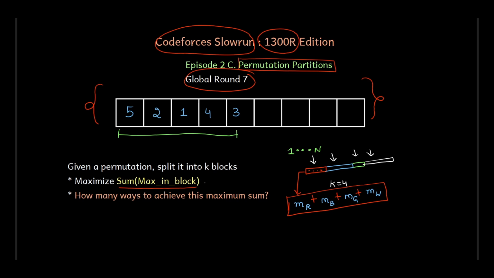So this is the first question that you have to answer, and the second question is, sure, you can split it to achieve this maximum, but how many ways are there to create such partitions where there are a total of k blocks such that in all of those partitions the sum of maxima is equal to the maximum possible value.